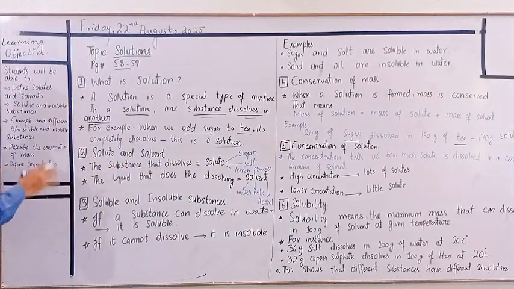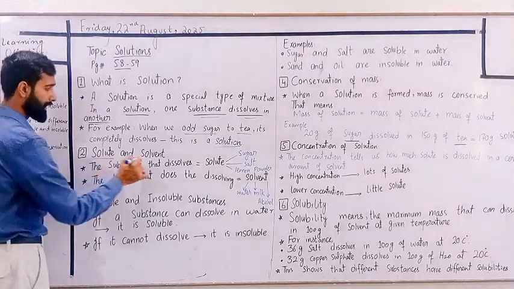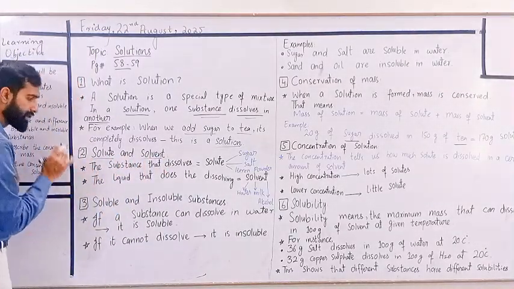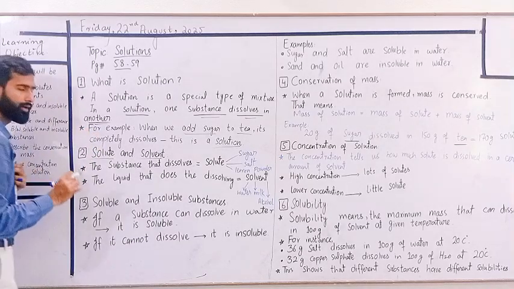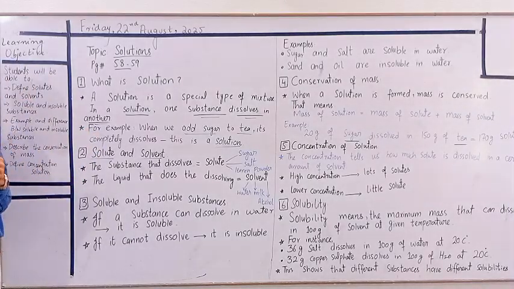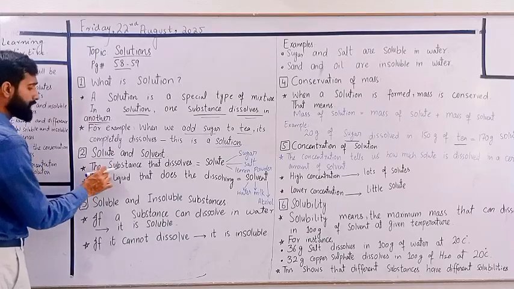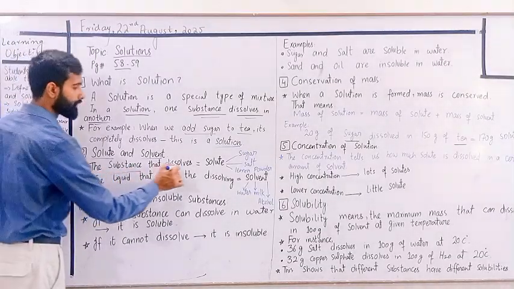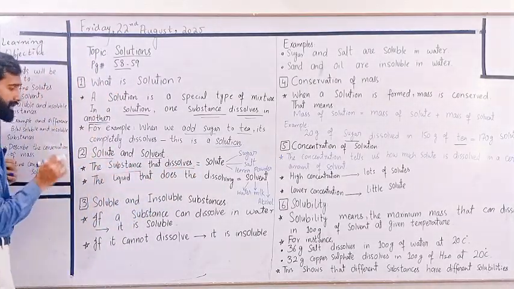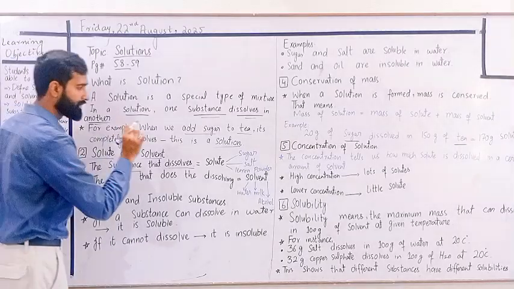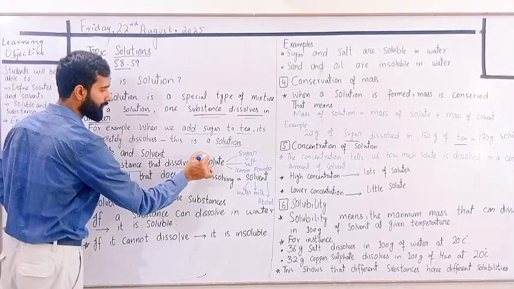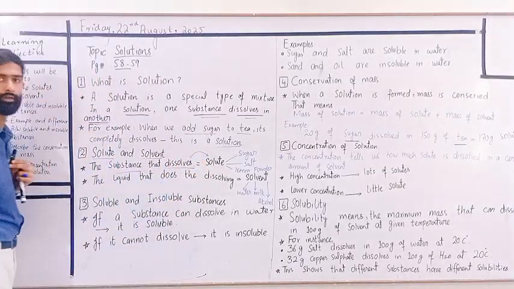Now move to the next main idea, that is solute and solvent. It is a pretty simple and easy concept. Just listen carefully. The substance that dissolves, we call it solute, right?